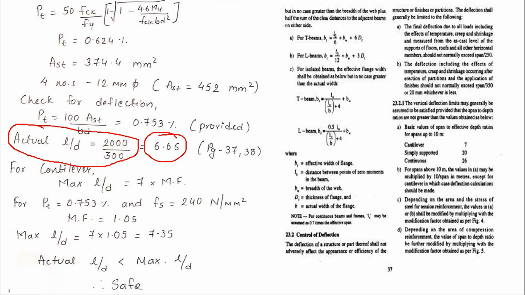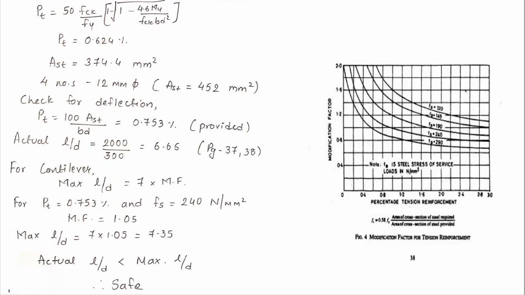Now we need to find the value of 7 into MF. MF stands for modification factor, which we can refer from page number 38, on the right hand side. On page number 38 you will see a graph, figure 4, whose title states that it is the modification factor for tension reinforcement.